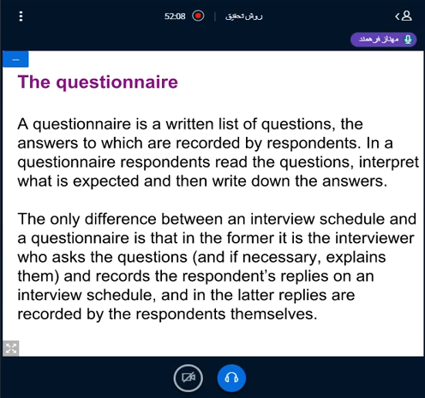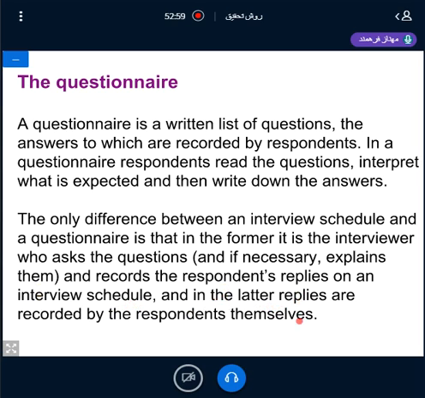The only difference between an interview and a questionnaire, please note, this is very important because the interview is very similar to the questionnaire, is that in the former, it is the interviewer who asks the questions and, if necessary, explains them and records the respondents' replies on an interview schedule.